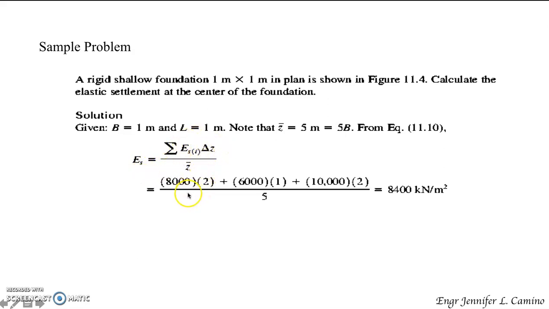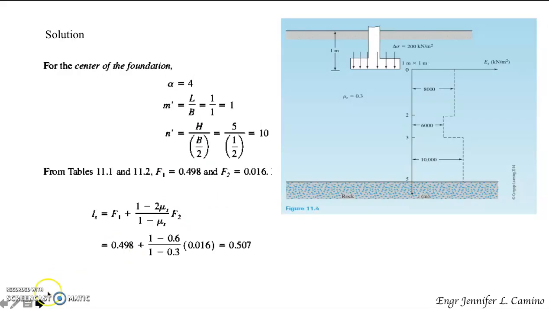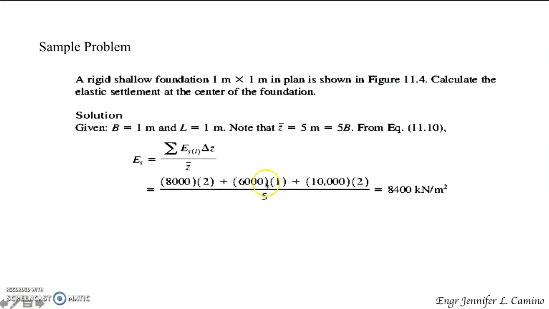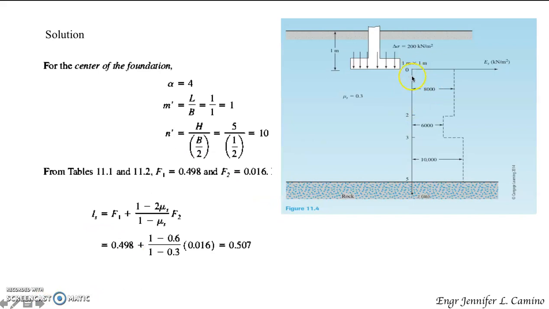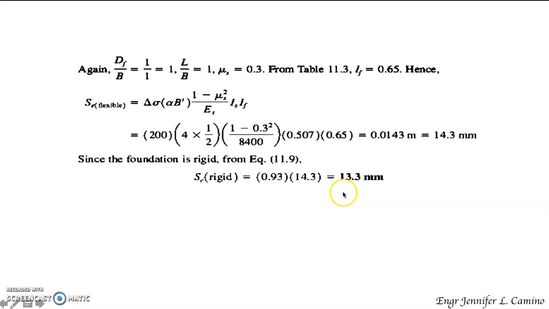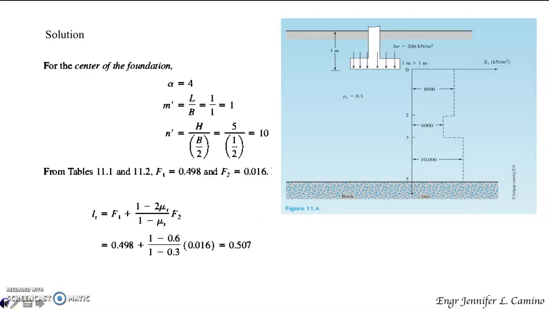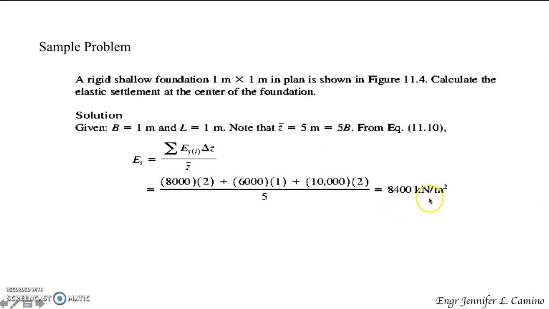You simply have to substitute: the summation of E sub s, which is 8,000 times 2, plus 6,000 times 1, plus 10,000 times 2, all over z bar, which is the depth equal to 5, and that gives us 8,400 kilonewton per meter squared.